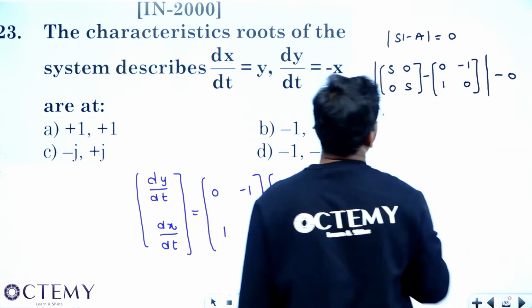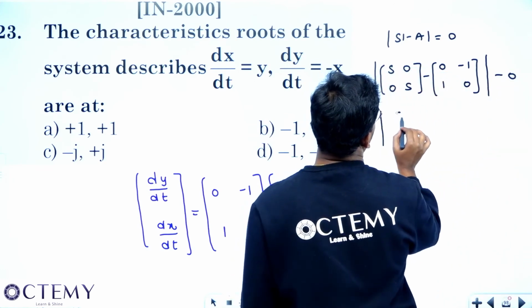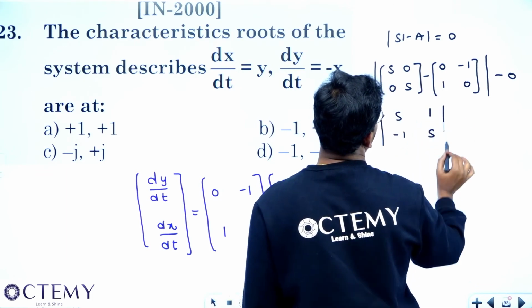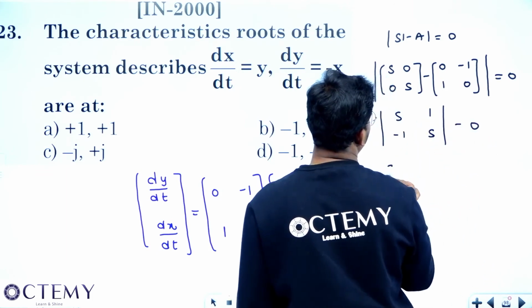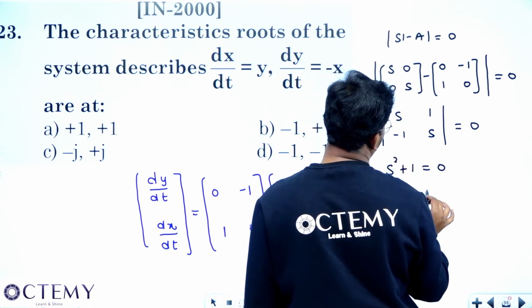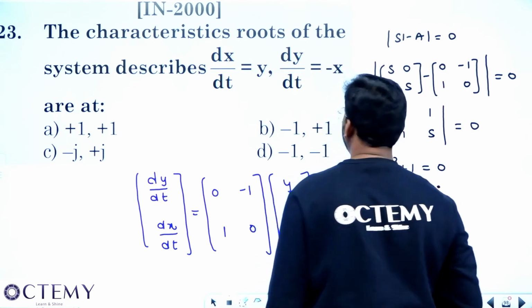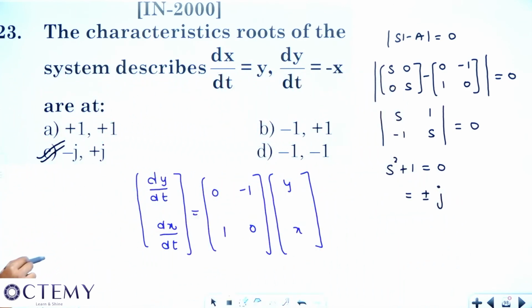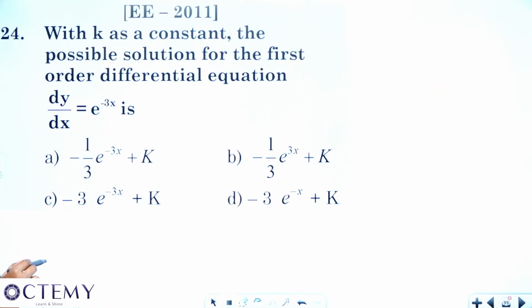So see sir, what will this become? It will become determinant of S 1, minus 1 S is equal to 0. So this will become S square plus 1 equal to 0. So the roots will be S is equal to plus or minus j. Plus or minus j are the roots. Very good, sir. Next question.